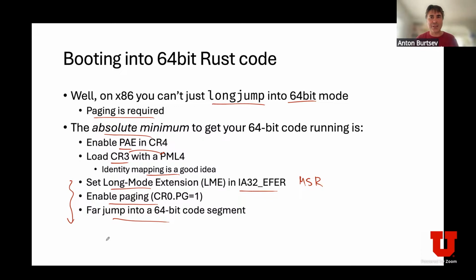If I ask you a question, how would you go about it? What is the simplest page table you can get running to get the Rust main as fast as possible? Any ideas?